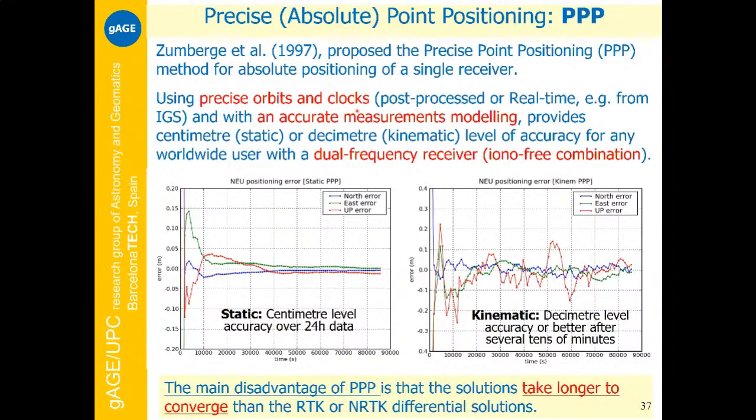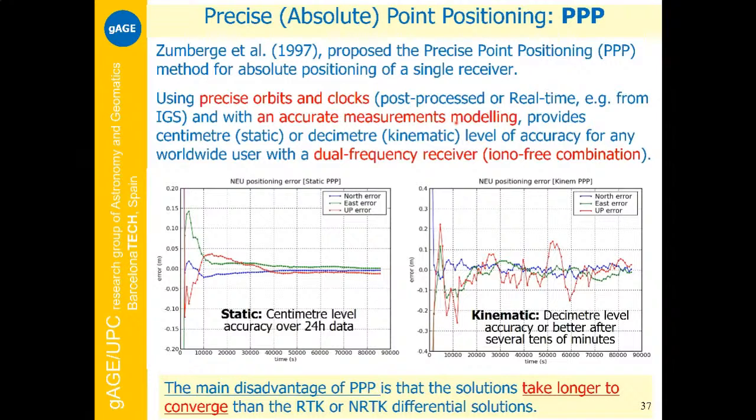Then, instead of reference station measurements, we have computed differential corrections. We have precise orbits and clocks. Then, because the target is to achieve centimeter level, we have to model everything as much as possible, at the centimeter level.